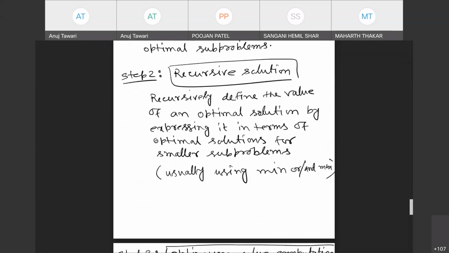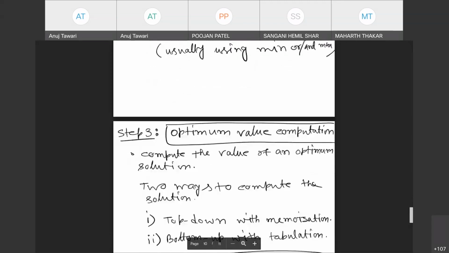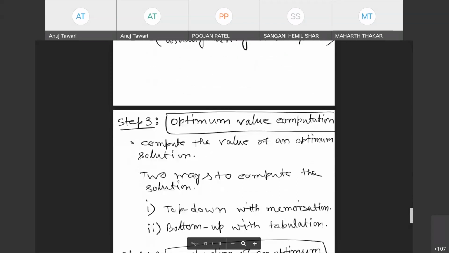We don't know how to solve the initial hard problem, so we decompose it into many subproblems and use the solutions to these subproblems to find the optimal solution. Then we compute the value of this optimal solution.